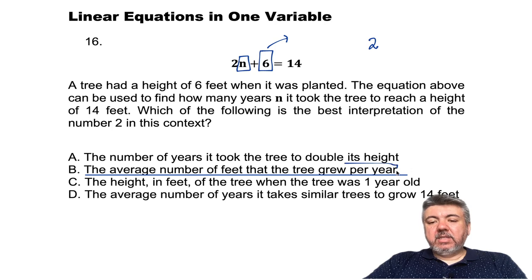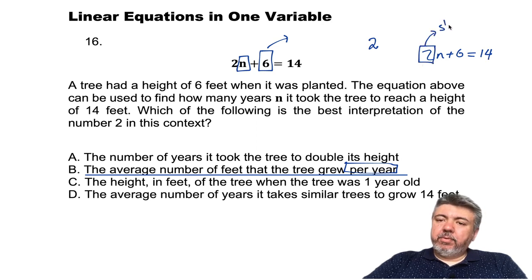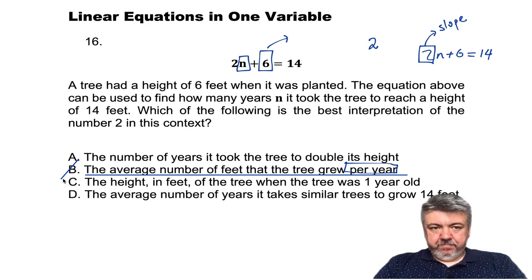Yeah, that's the idea. Actually, in 2n plus 6 equals 14, this is what we call the slope of the linear equation, which is every year, every minute, every second it grows, or something like that. So our answer will be choice B.